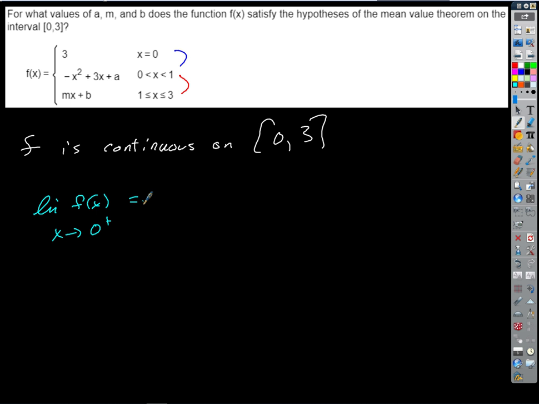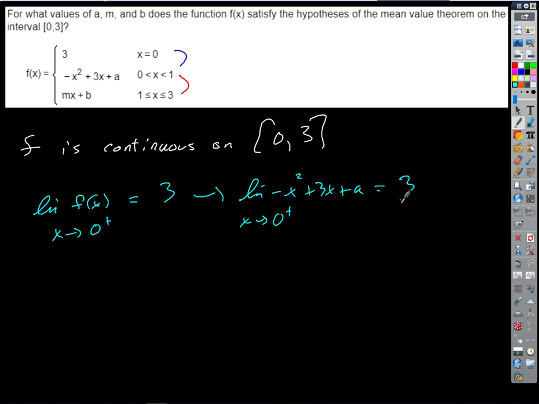Has to be 3, because that's the value of the function there, isn't it? Right? Has to be 3. Well, what's that give us? That's going to be this piece of the function. So the limit of negative x squared plus 3x plus a as x approaches 0 from the right has to equal 3. What is that limit?